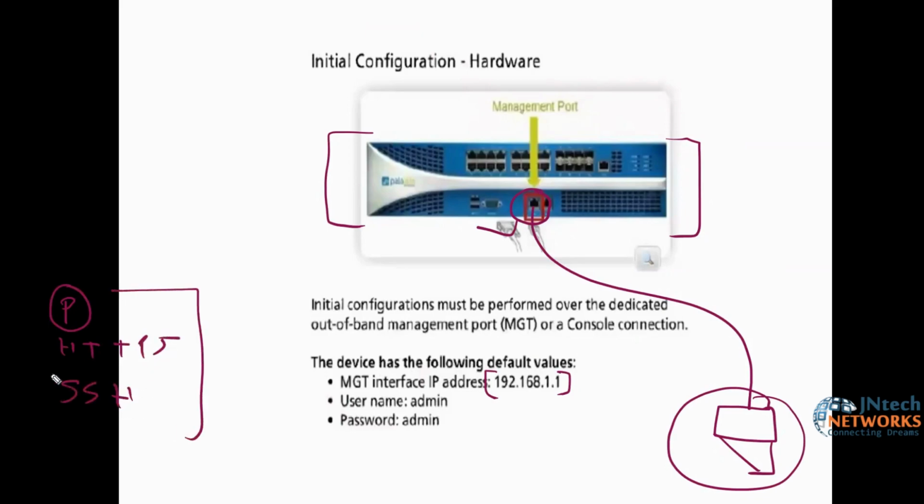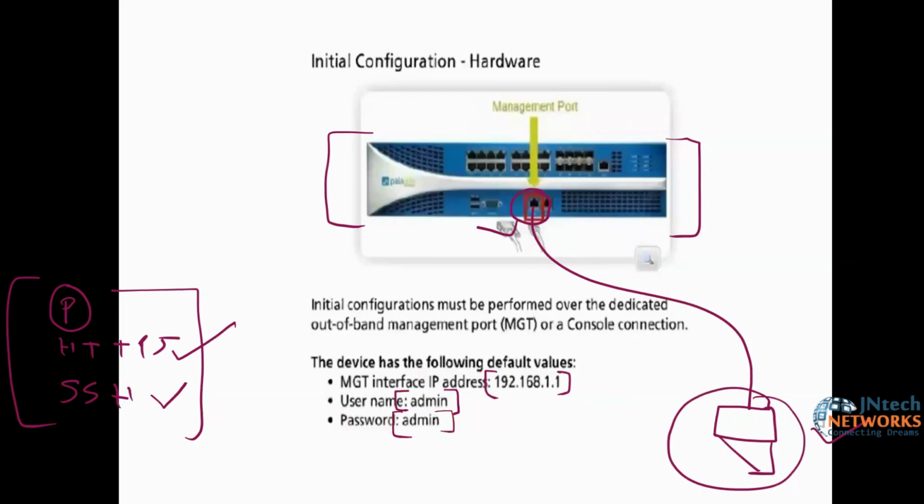So from this management PC, you can check your connectivity. You can access this complete firewall box with the graphical page, or you can go with the CLI option. The default username on a Palo Alto firewall box is admin, and the password is admin.